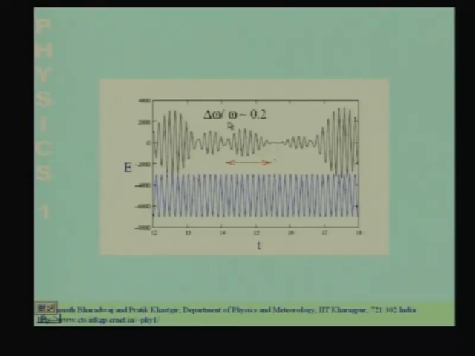These frequencies that we have superposed are spread in the range delta omega around a central value omega bar, and the spread in frequencies in this particular case is such that delta omega by omega bar is 0.2, which is what I have shown over here. So, delta omega by omega is 0.2.